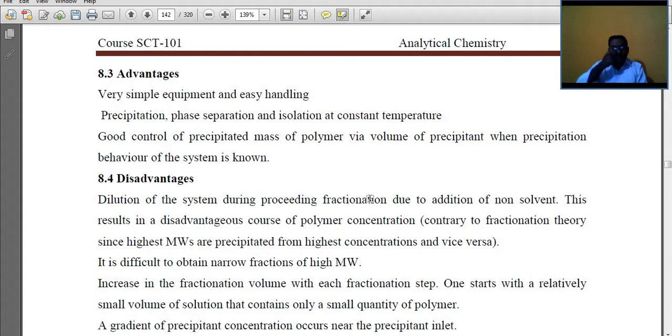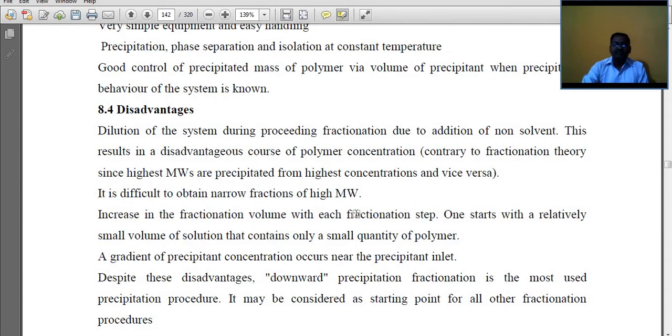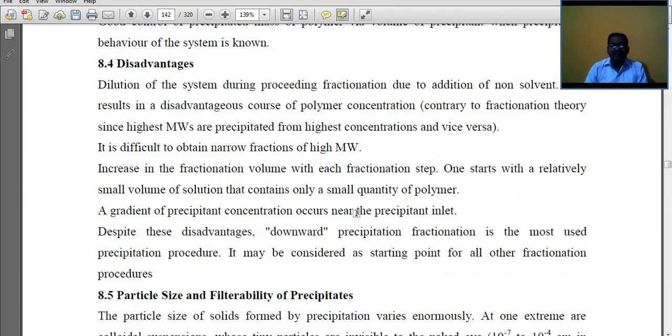What are the disadvantages of this method? The dilution of the systems during proceeding fractionations due to addition of non-solvent. This results in a disadvantageous course of polymer concentrations.